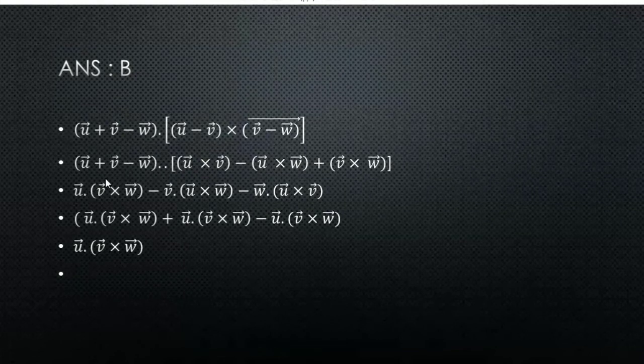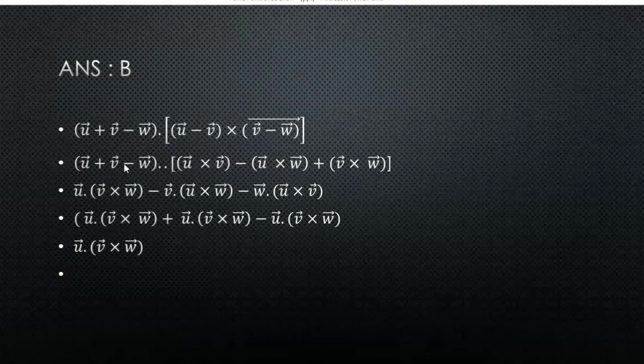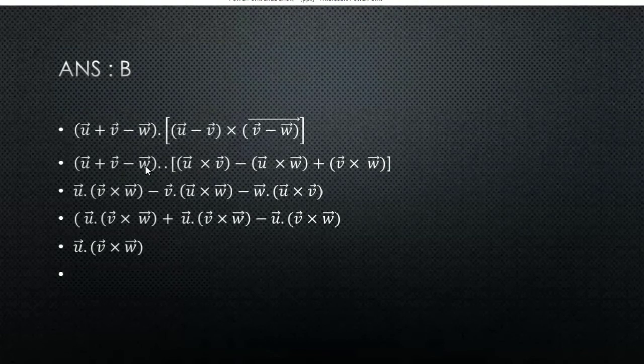Then v vector dot u vector cross w vector, v and v will be equal to 0. Here again w vector dot u vector cross v vector, here w is there, so this will be 0. Again here w is there, so this will be equal to 0.